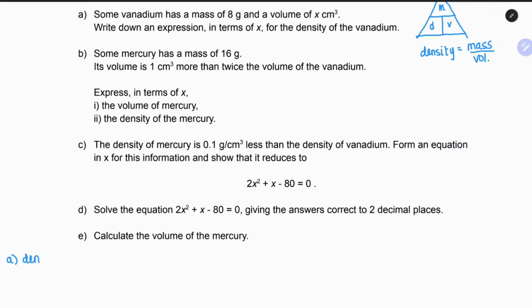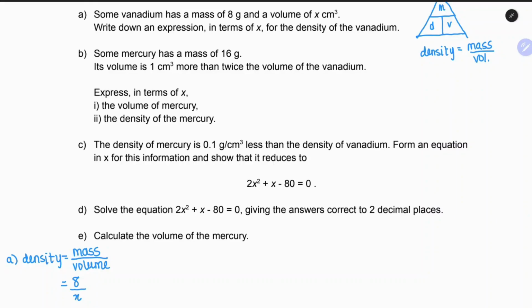Density is equal to mass over volume, and as you can see there, do we have the mass? Of course, we've been given the mass, which is 8 grams. Do you have the volume? Yep. So you have, let's not put in the units, x centimeter cubed.